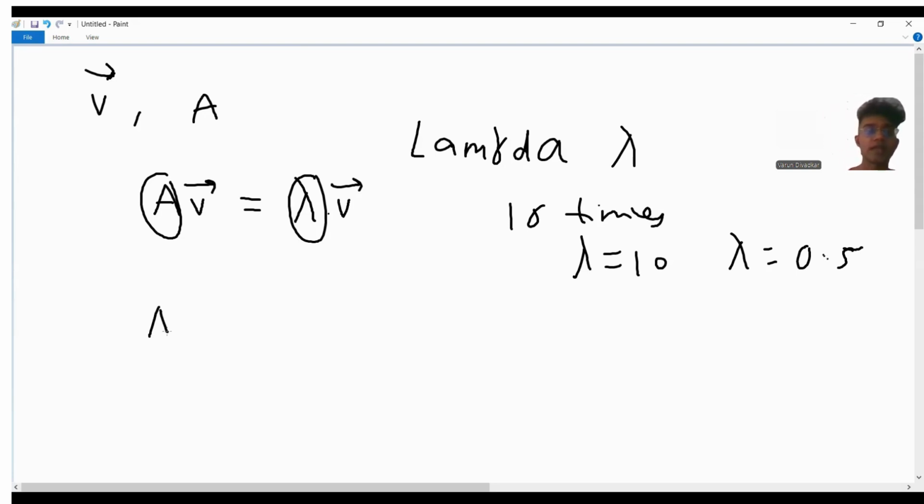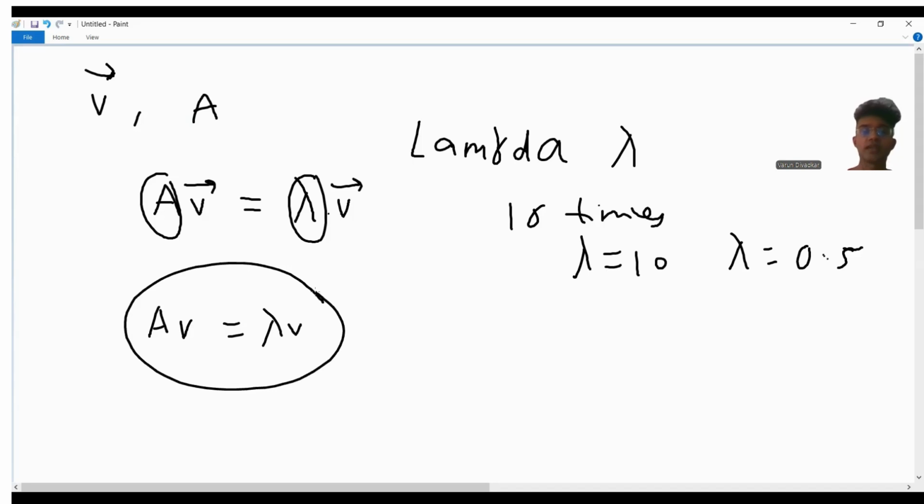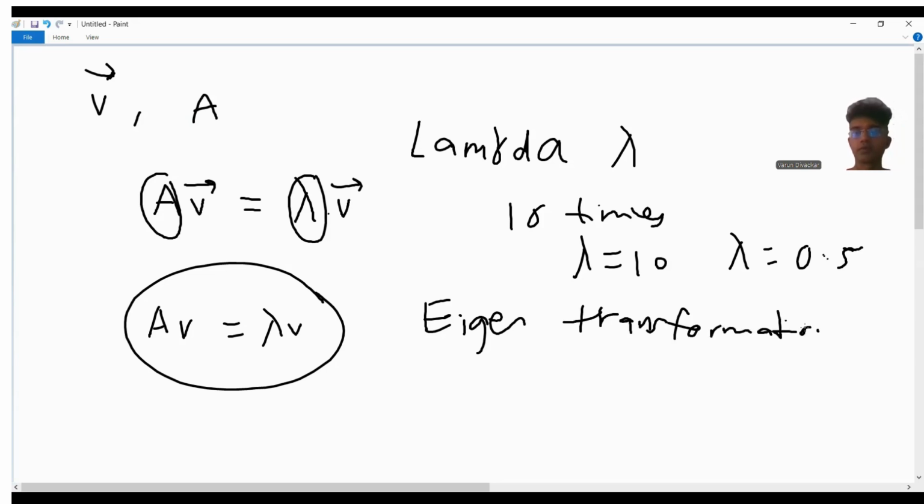So basically, AV equals lambda V. This basically represents an eigen transformation. Suppose you multiply this side by the identity matrix I. Both sides should remain unchanged, because I is just an identity matrix.